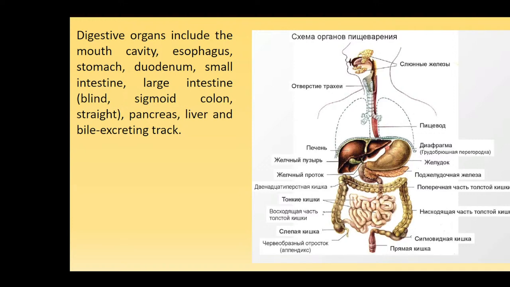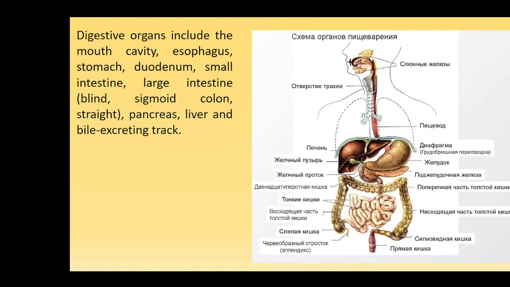Okay, dear friends, good morning. Today we start a lecture about the main systems of the organism of children. It's the digestive system. What organs are included in the digestive system?